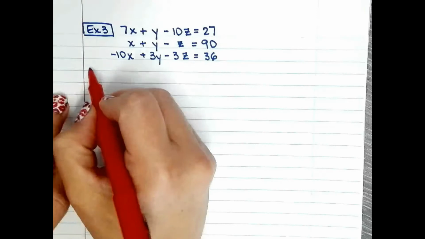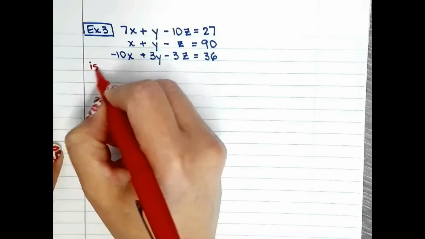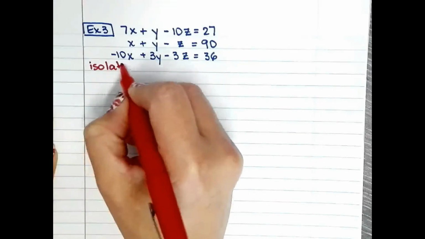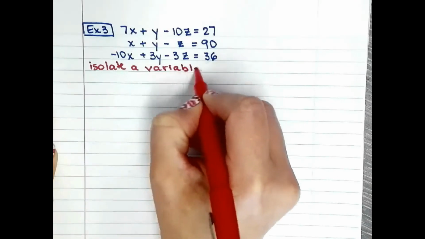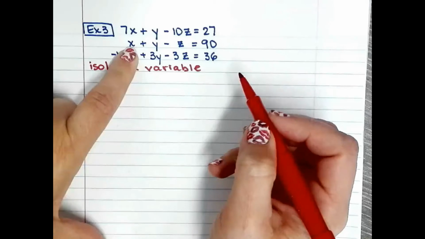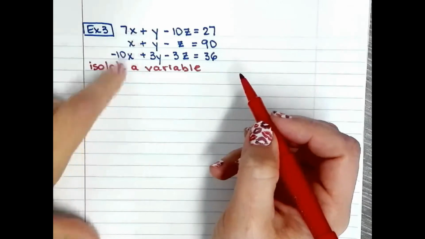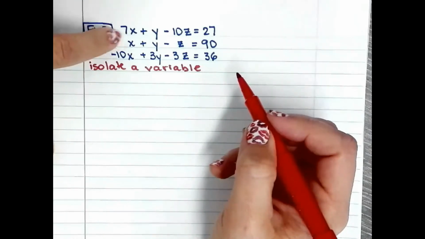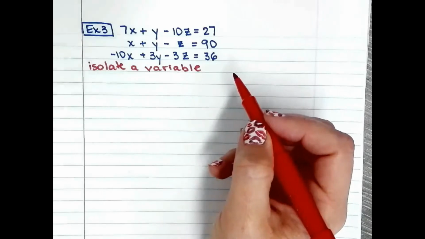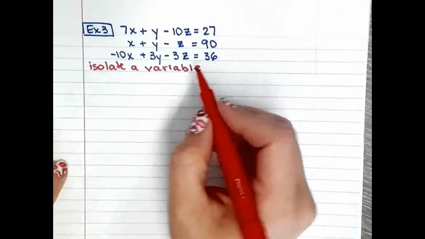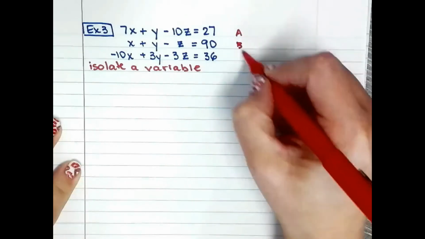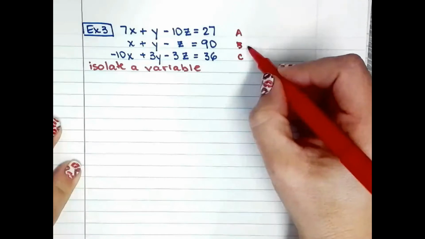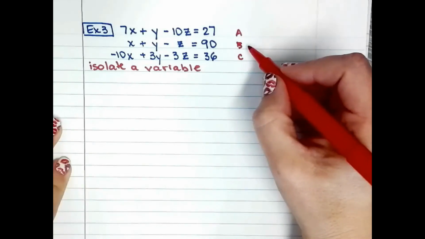So first thing we need to do, we need to isolate a variable. I'm going to choose to solve for x on this one just because as soon as I see 7x, -10x, I read more work. I don't want to do more work. So I'm isolating x from the B equation.